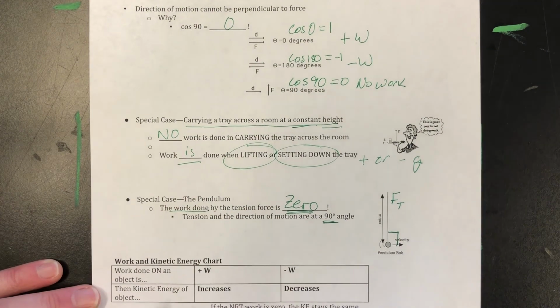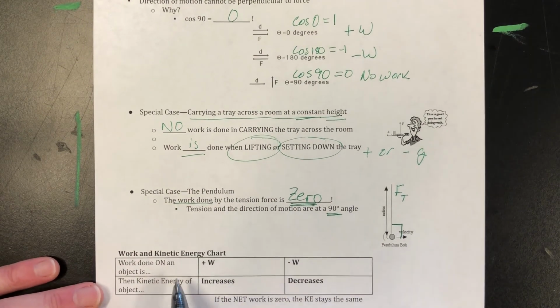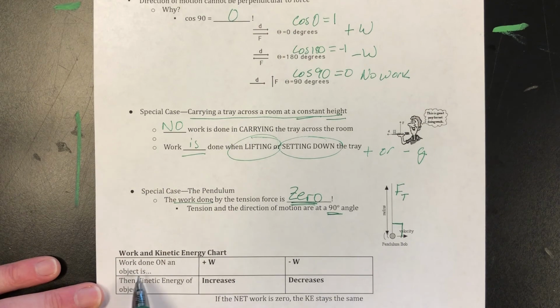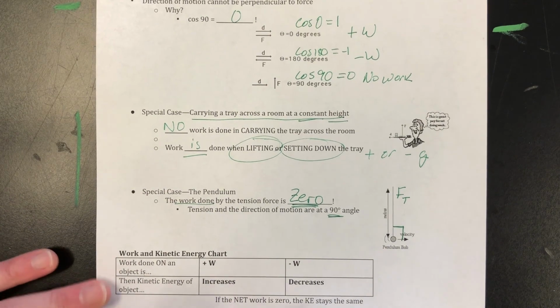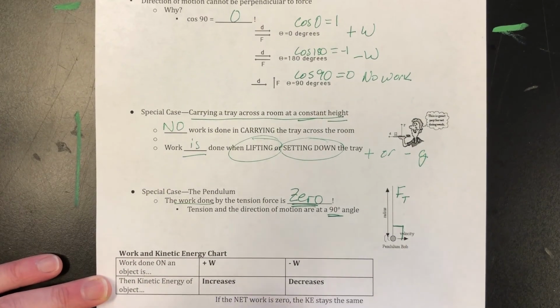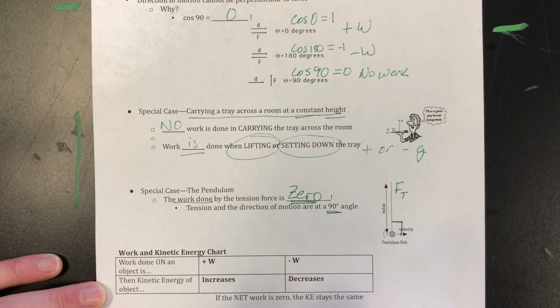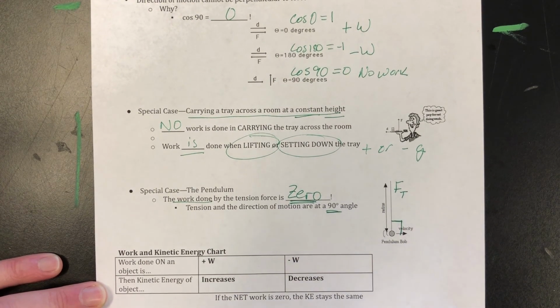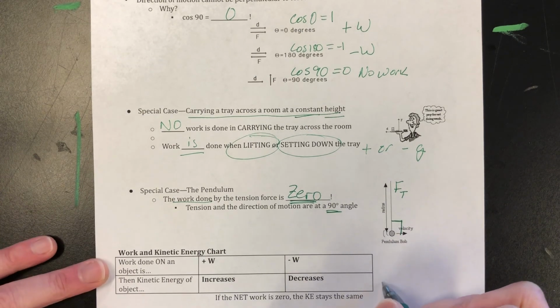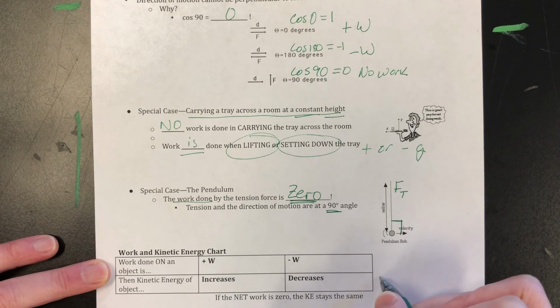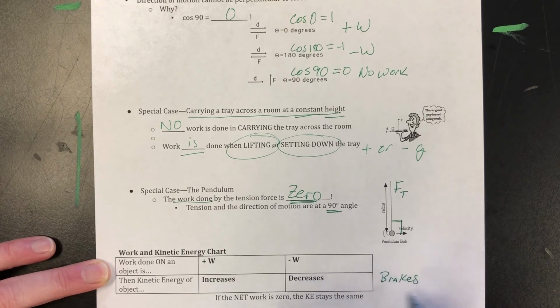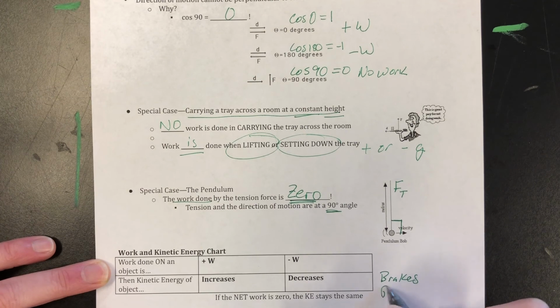Work in kinetic energy chart, so this just will help you a little bit for a definition. If there's work done on an object, so for example, if I push a car, then the kinetic energy of the car increases, and if it increases, so now we've got an increase in delta E, which means we have an increase in work. If I push on a car but I stop the car, so I use the brakes on a car, then I remove energy.